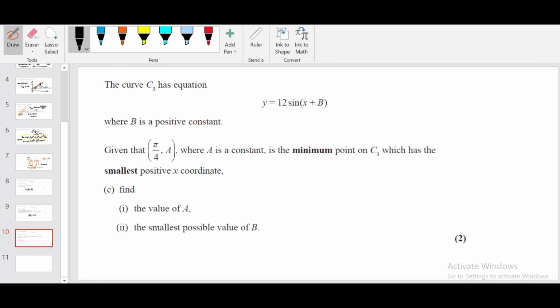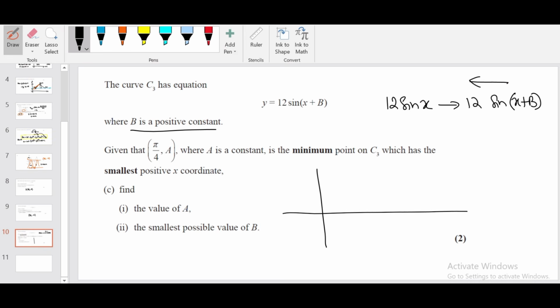Now the next part says 12 sine of x plus b. Okay, you take the graph 12 sine x and replace x by x plus b. And b is a positive number, so the graph will be translated to the left side b units, right? Okay, so just imagine this.